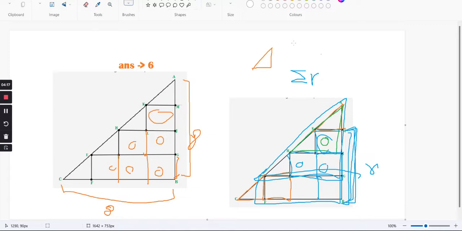will be equal to r into r plus 1 by 2. So this is summation r into r plus 1 by 2, right? We just need to find this r. So how to find this r?